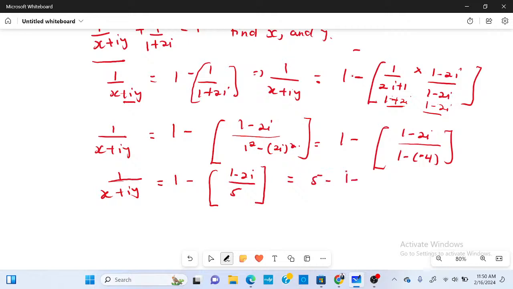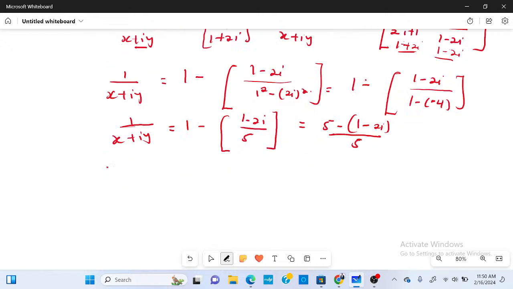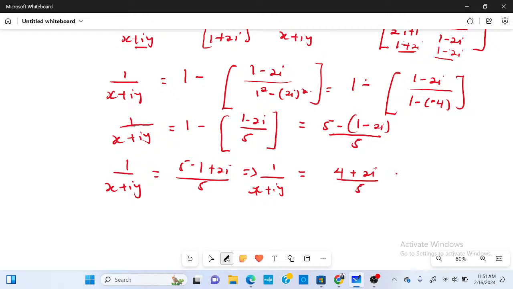Minus 1 minus 2i all over 5. So when I open this bracket, I'll get 5 minus 1 plus 2i over 5. This is equal to 4 plus 2i over 5.